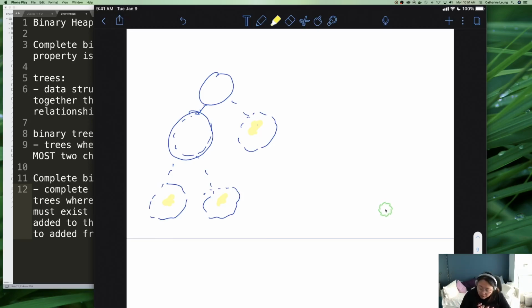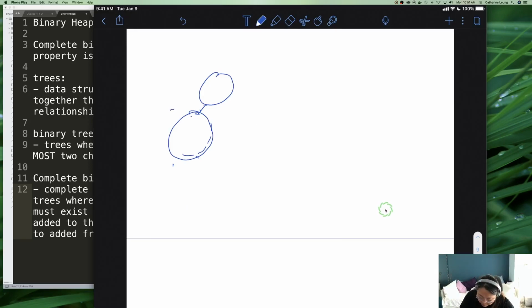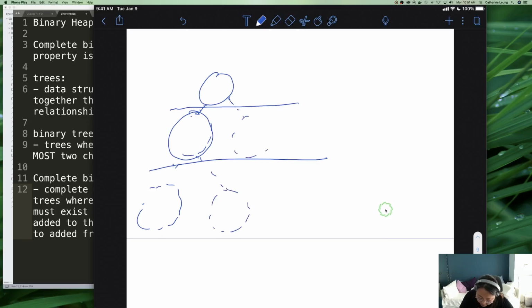Now, with a complete binary tree, though, I have to make every single node on any level exist before any node can exist on the next level. So what that means is that because this is the second level, I have to have two nodes in this level completed before I can add these guys. So before I can add this one and this one, I first have to add anything that is missing on this node, and I have to go from left to right.